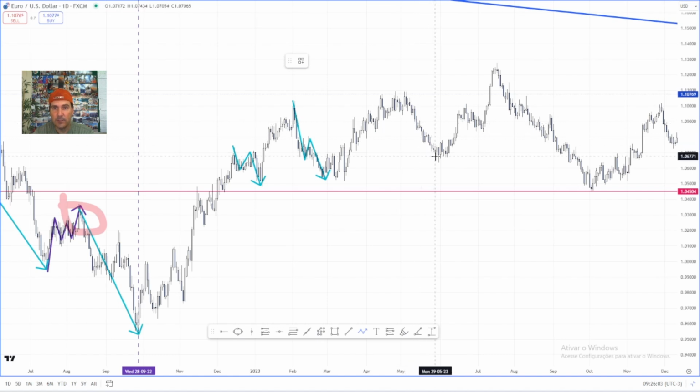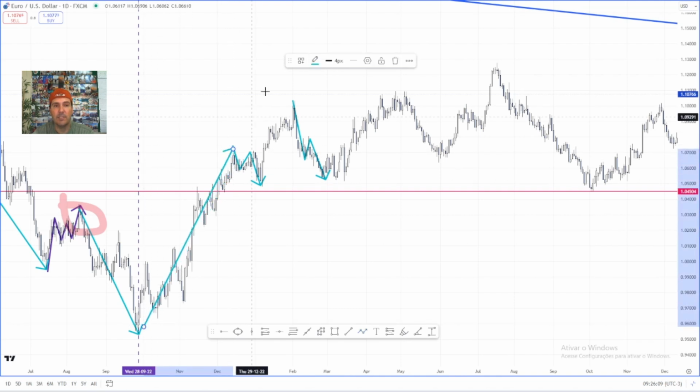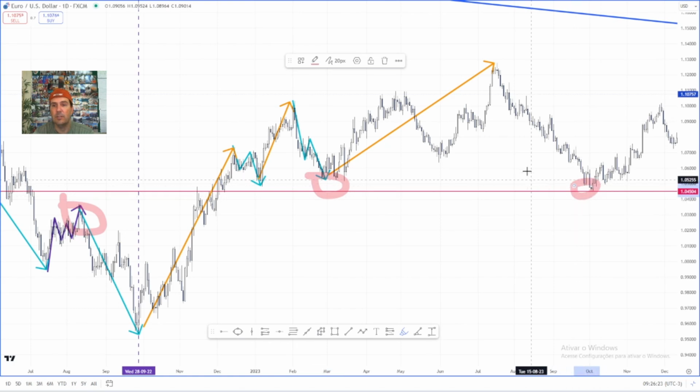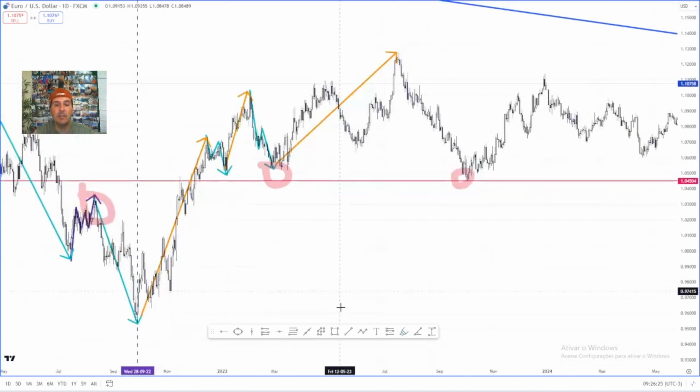Retracement not in here, and then it broke again. So this was the extension leg, up market wave. This was the next extension leg, up market wave, and this was the next extension leg, and again it broke this low. So now we have a down market wave again.